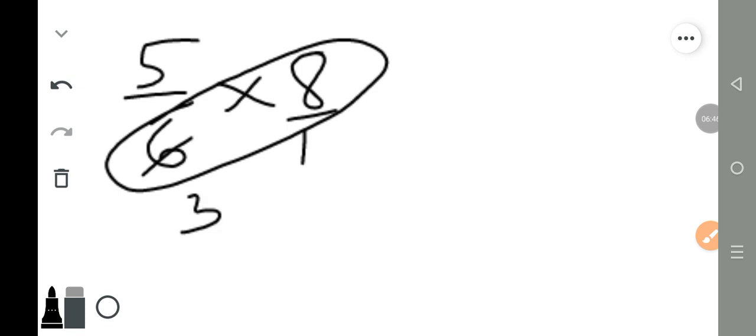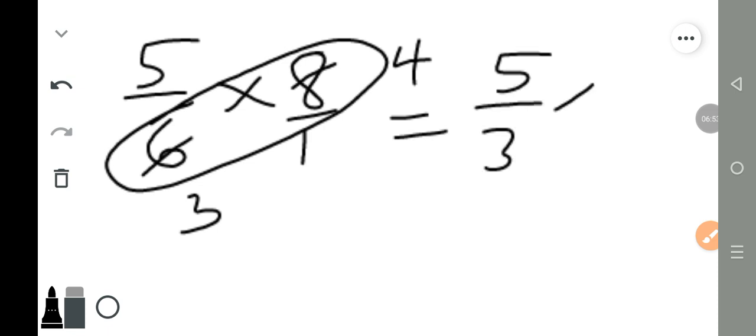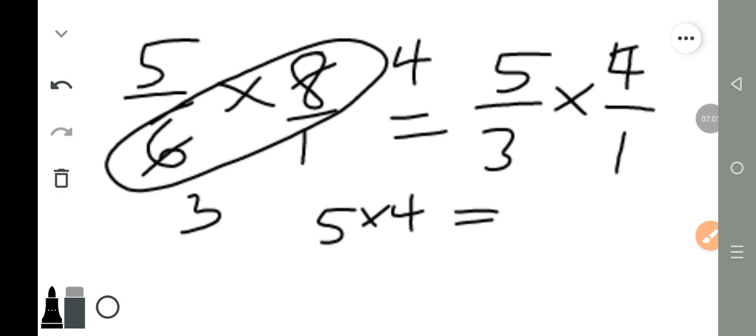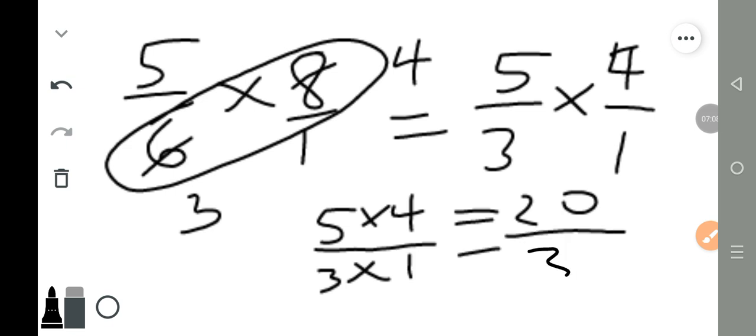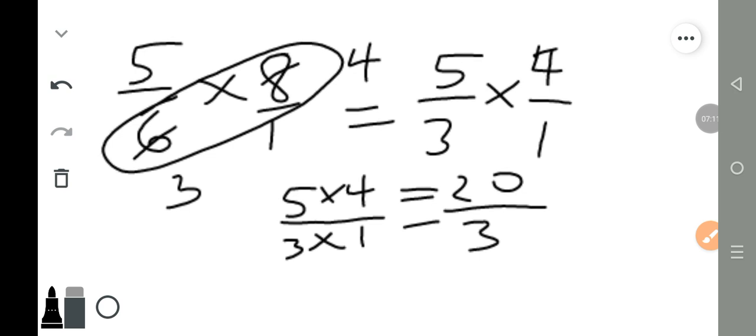So 2 in 6, 3. 8 divided by 2, 4. And over here we have 5 all over 3 times 4 all over 1. So 5 times 4, which is 20 all over 3 times 1, which is also the same thing as 3. Can you further simplify? No. The answer is 20 all over 3, which is your final answer.